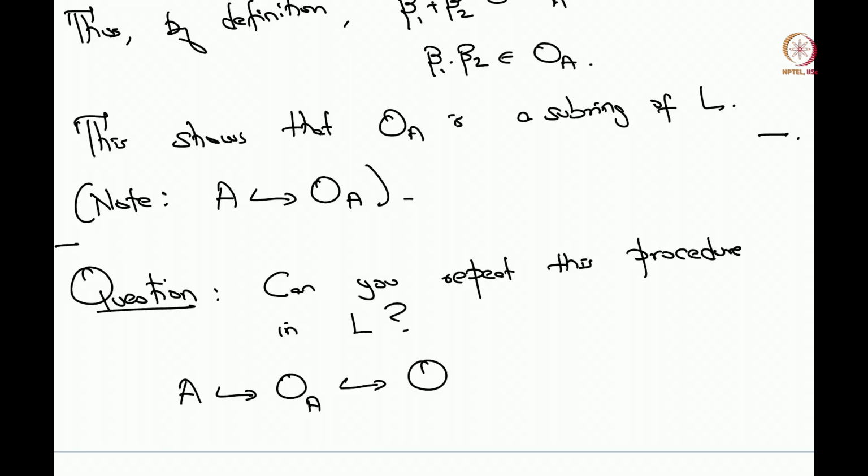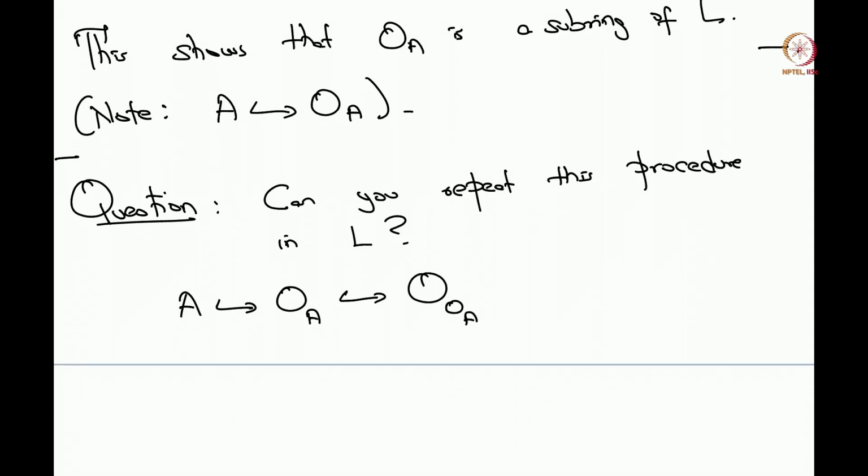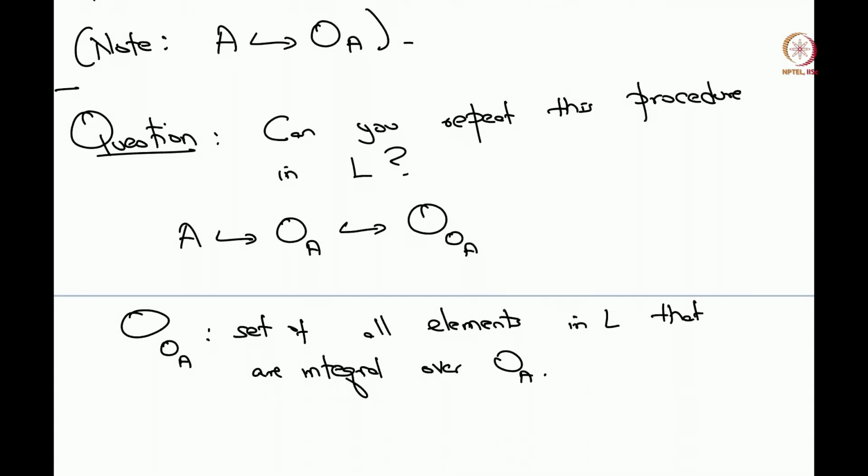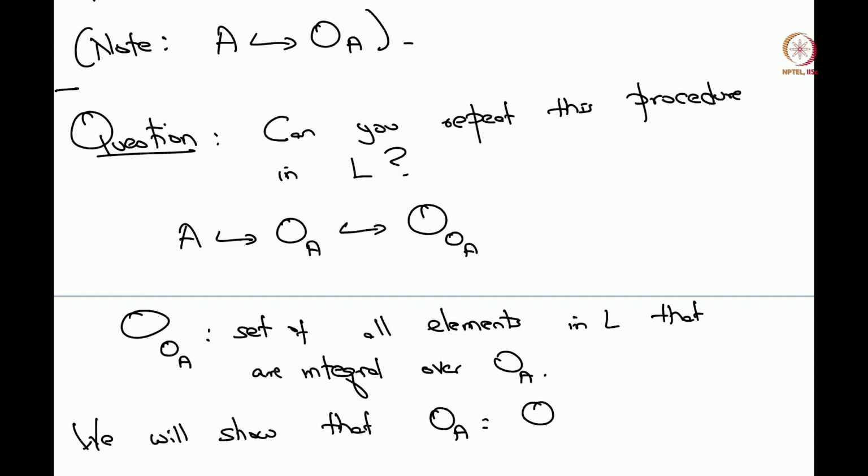So can I look at O_OA, where this O subscript OA is the set of all elements in L that are integral over OA? Okay, so in fact we'll show that we can't repeat this procedure. So we'll show that OA is in fact O subscript OA, because this is what we are heading towards next.